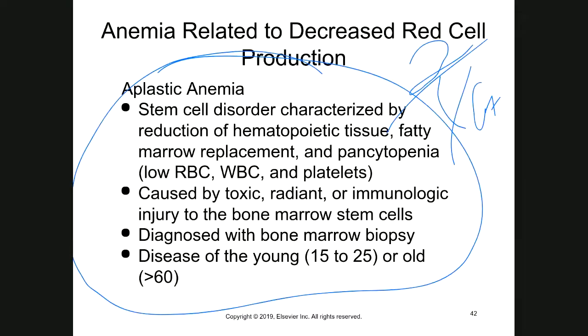Important to understand that this one is because you have a stem cell disorder. The stem cell is basically the cell that gives origin to the other blood cells in your system. And that is a problem because there is a reduction in that tissue. Sometimes it's replaced by fatty material inside of the bones and becomes fatty tissue.